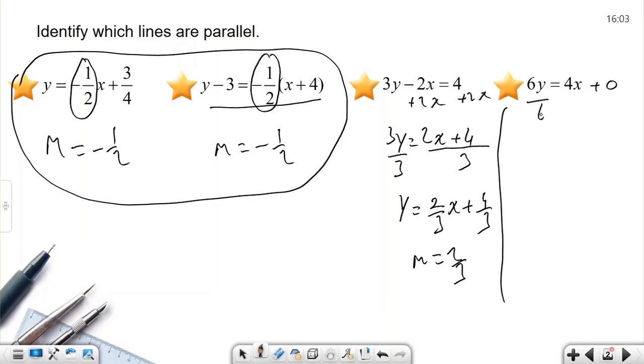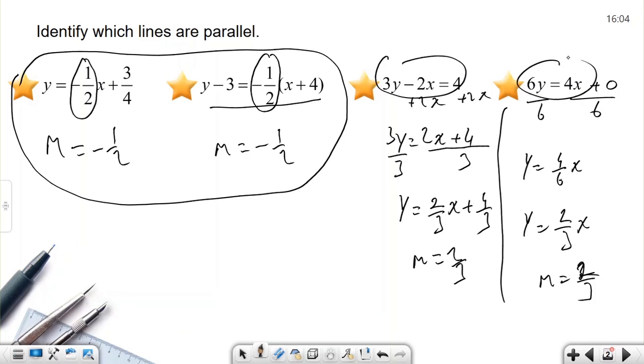If I divide both sides by 6, y equals 4 over 6x, which is 2 over 3x. So the slope is 2 over 3. Both of them have the same slope, so these lines are parallel to each other. These others are not, because they don't have the same slope.